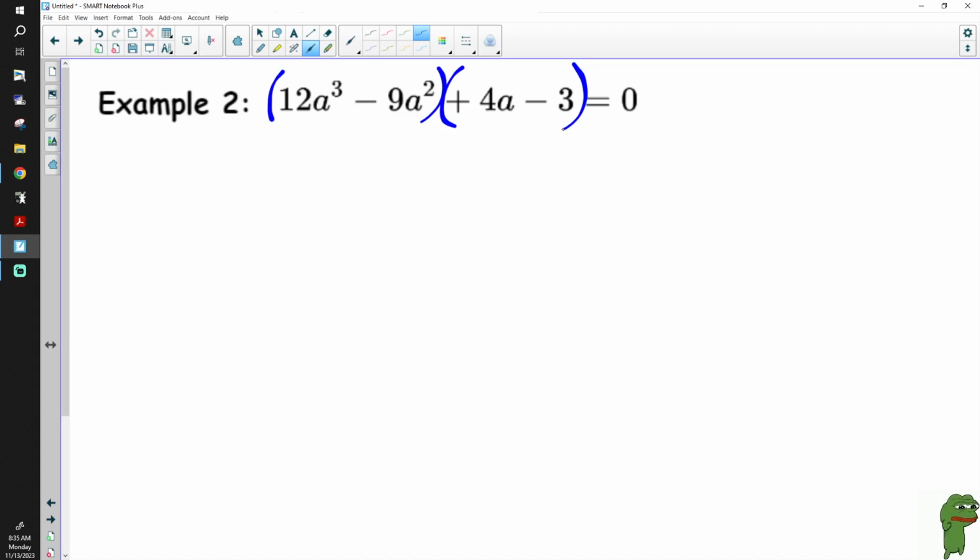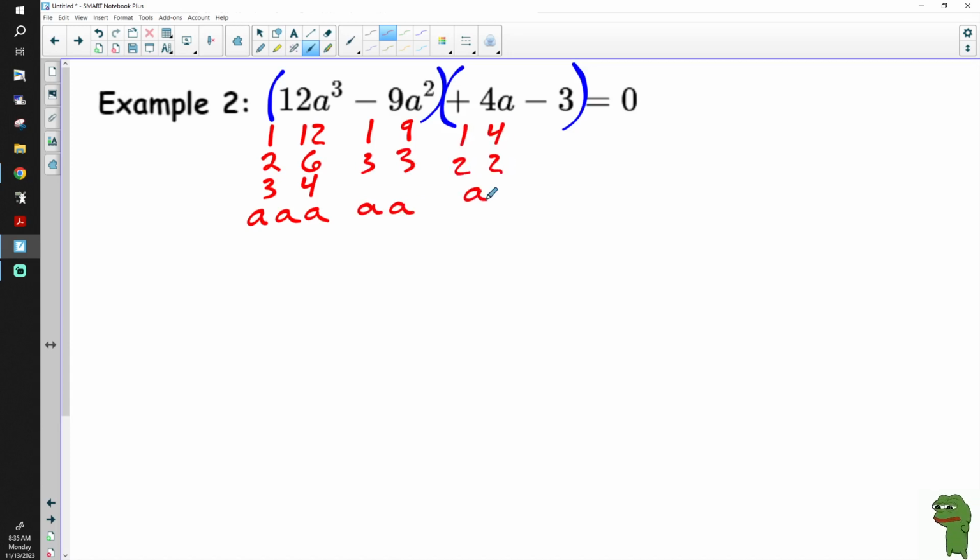But yeah, 2. Okay, so here are all of my factors listed.